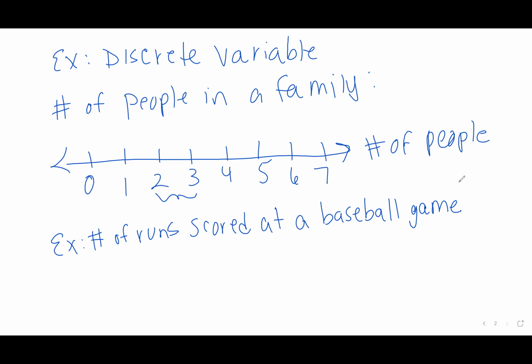Like we could count the number of runs scored at a baseball game, right? It's 0, 1, 2, 3, 4, so on and so forth. Another example would be the number of books on a shelf, right? You could count the number of books on a shelf. They're countable. So that's how I want you to think of a discrete variable.